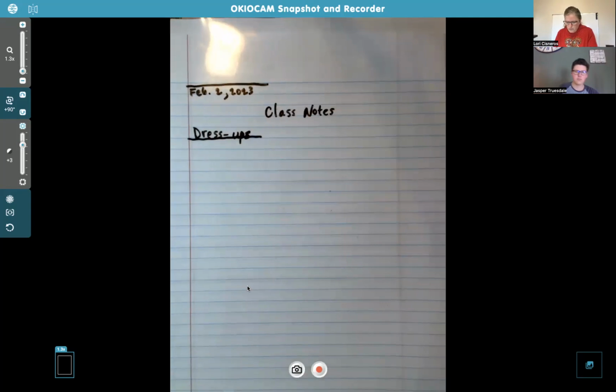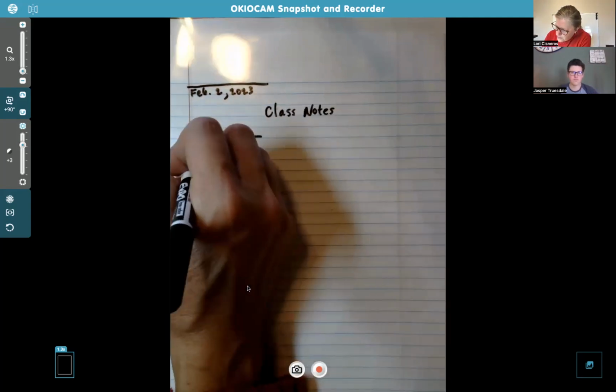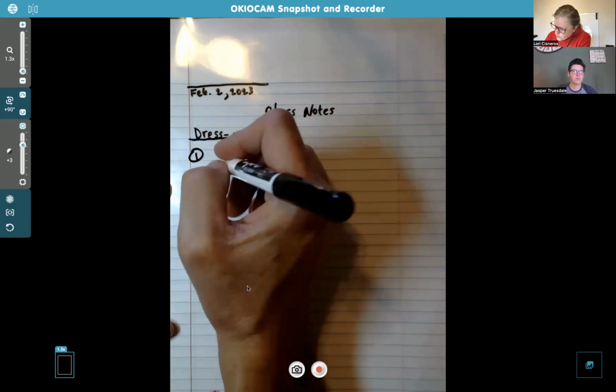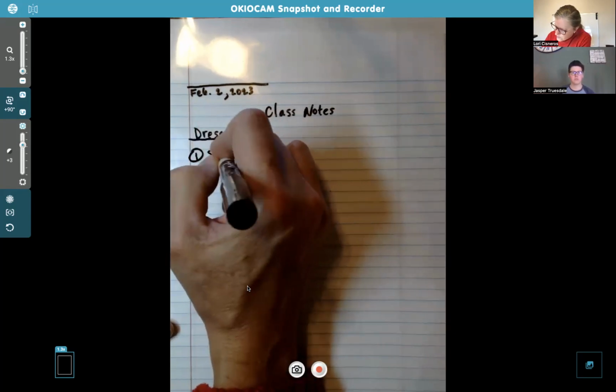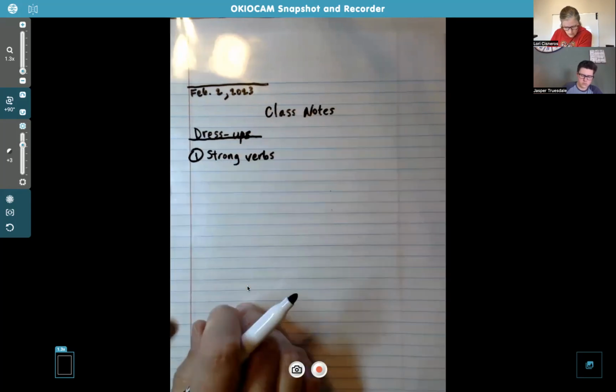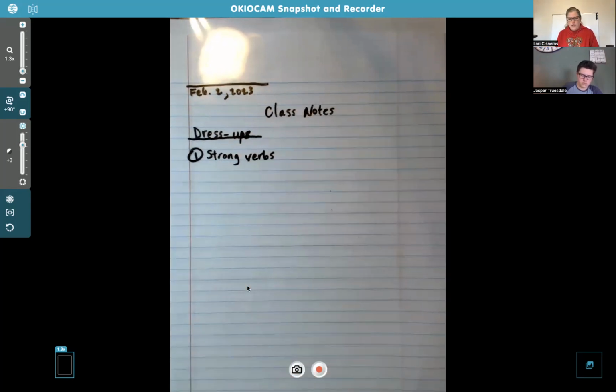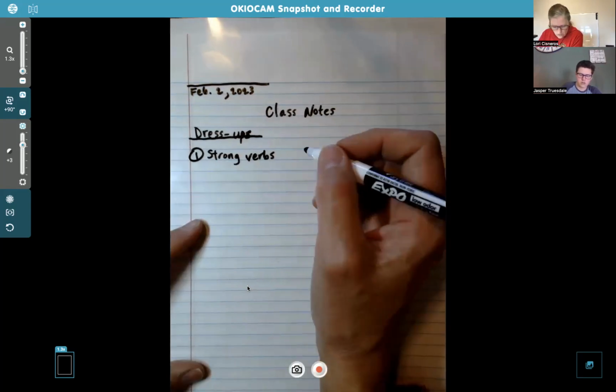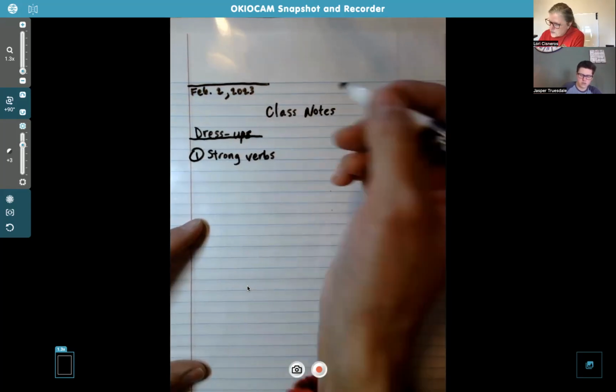So the first one we're going to talk about is strong verbs. And you already know that strong verbs give the reader an image of what's happening.